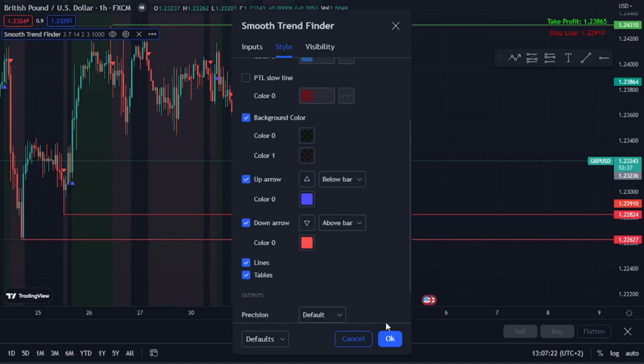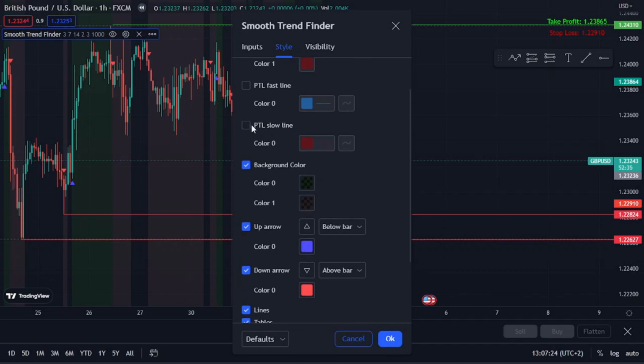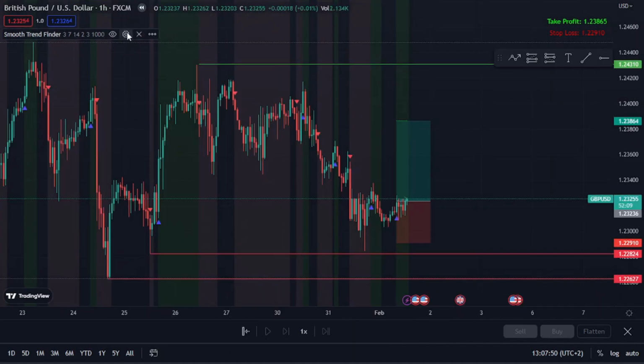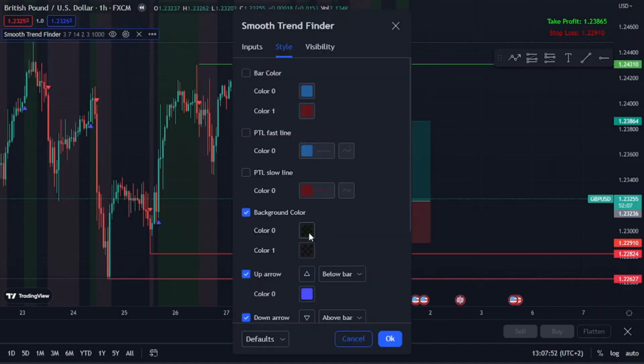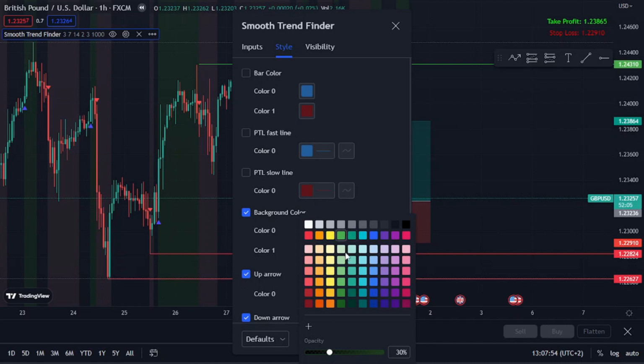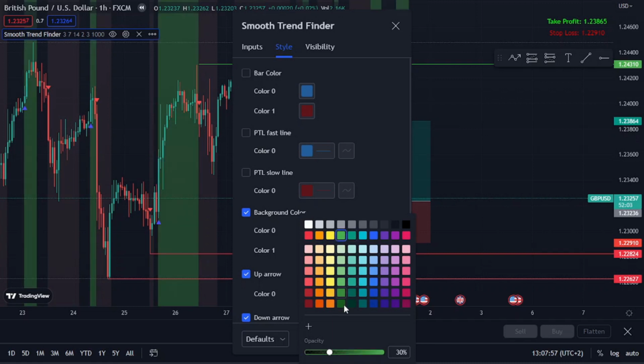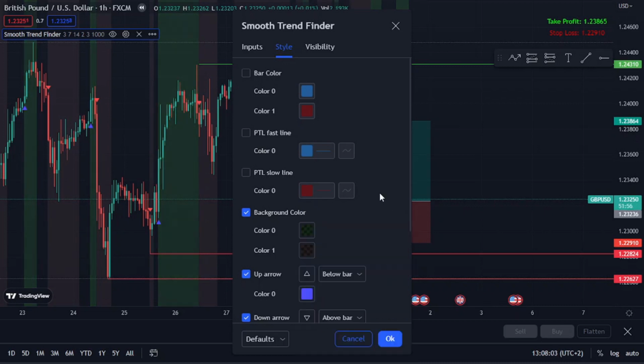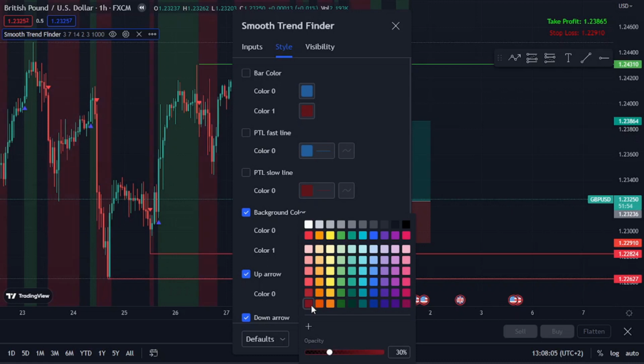You can also change the colors of your arrows and the different parts of the Smooth Trend Finder to build your own trading strategy. For example, changing the color and opacity of the different zones might make it easier to identify, and this would help you identify potential buy and sell zones.